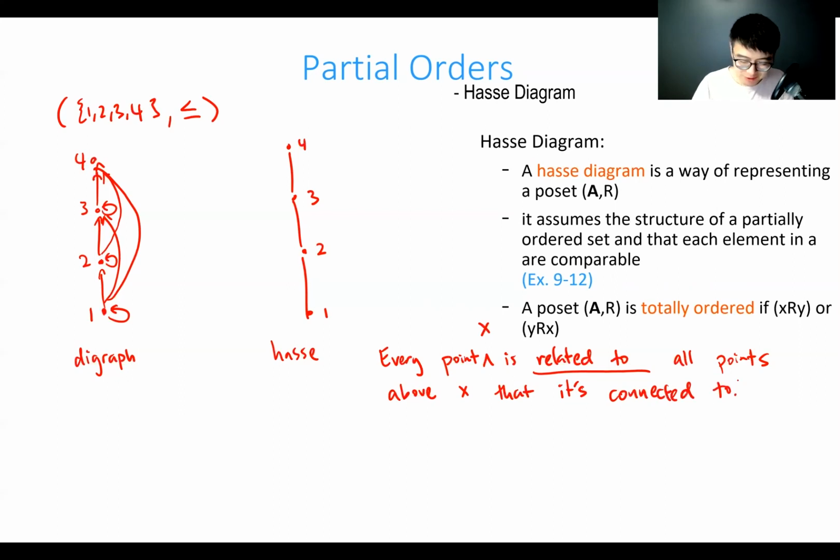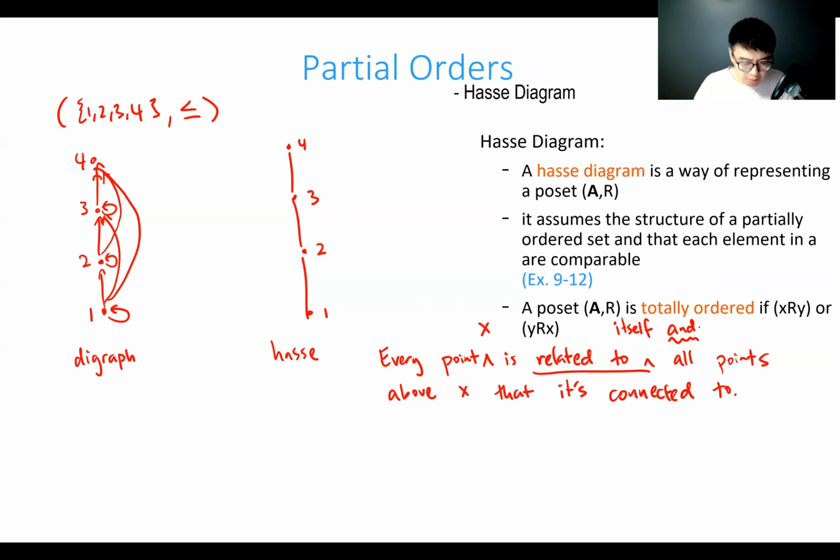I apologize for the terrible grammar here, but let me explain what this means in English. Every point x is related to itself and all the points above x that it's connected to.